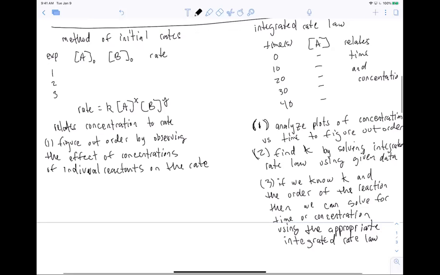So this is where you look at, going between experiment 1 and experiment 2, what's the effect on the rate? And then second, you can calculate K from the experimental data.